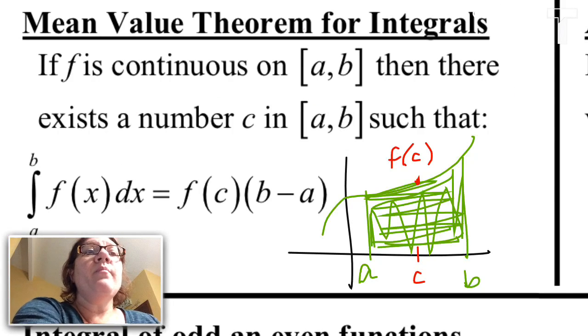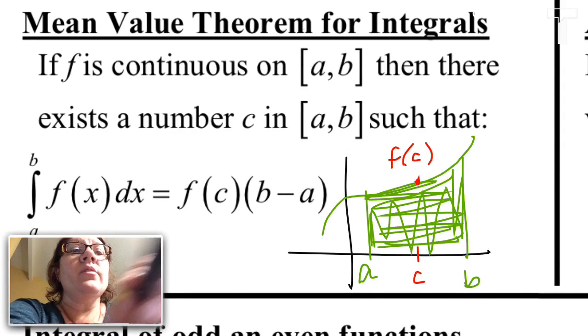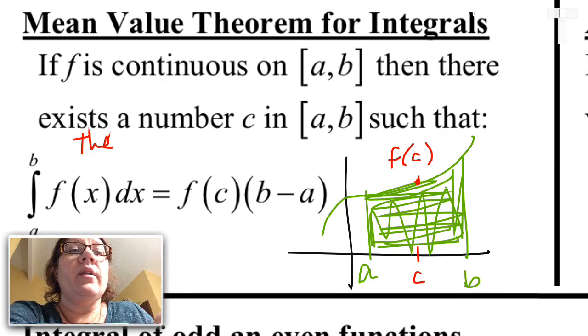So when I think about the mean value theorem for integrals, this is really about finding the area or the approximate area, or maybe the average area, but it is an area.